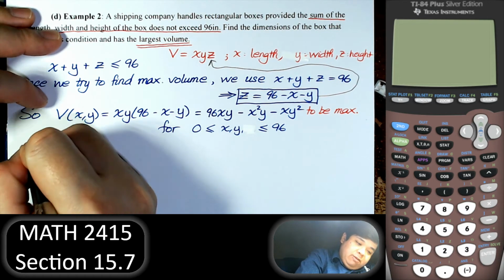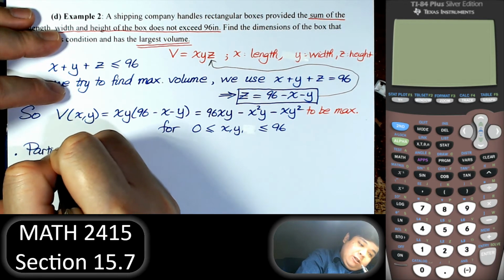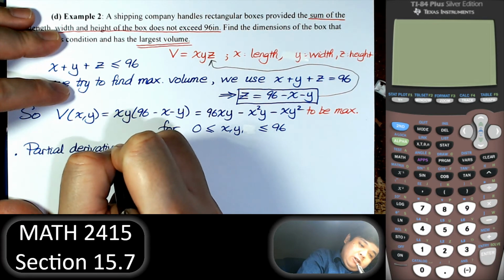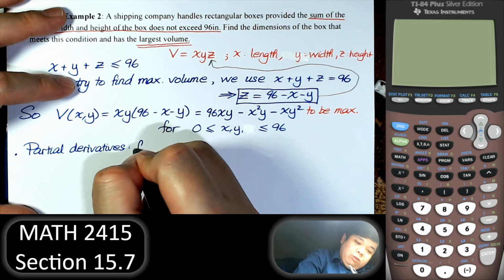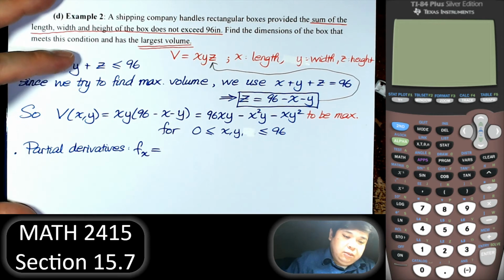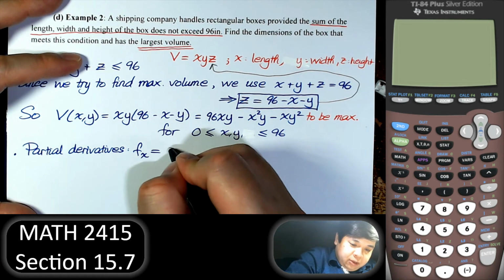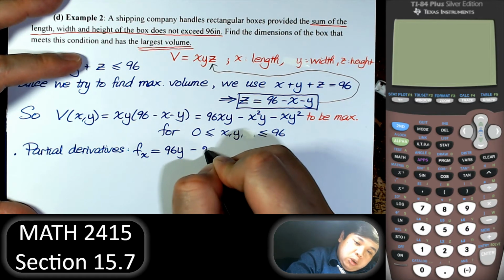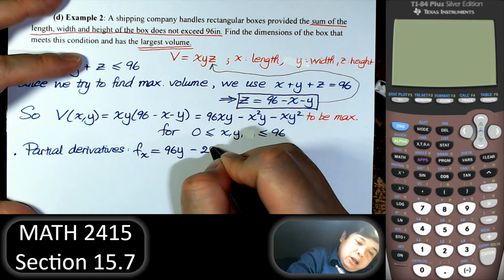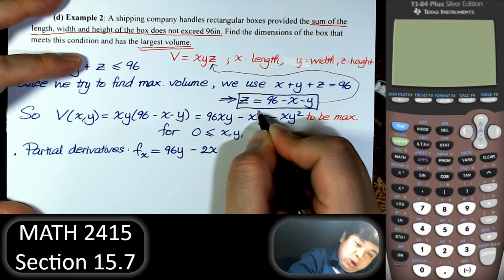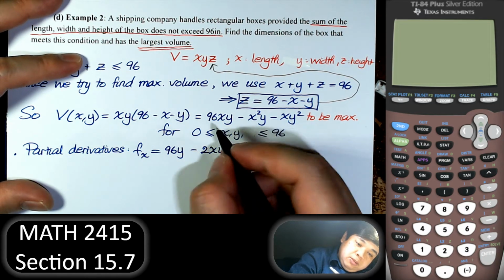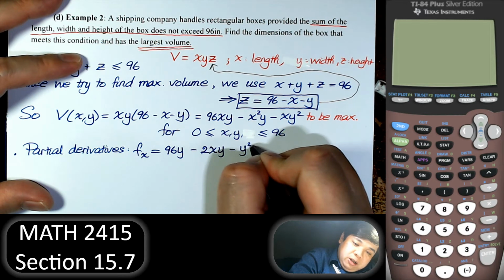So, partial derivatives. The derivative with respect to x is 96y minus 2xy minus y squared.